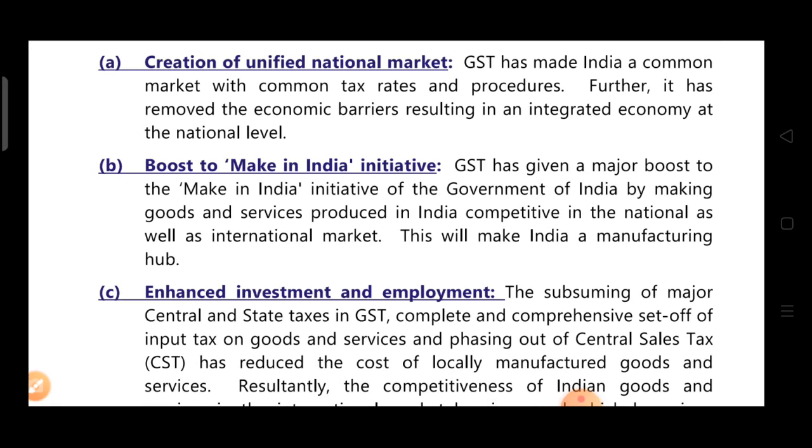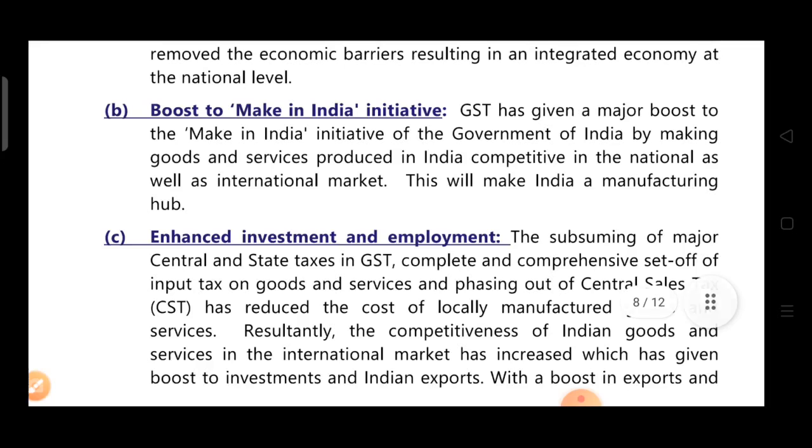Because tax rate is much more simplified, and with the help of GST implementation, cost of manufacturing has been reduced. The price of goods has been reduced because too many taxes are not there in this GST regime. So this has made Indian goods competitive in the national as well as international market.